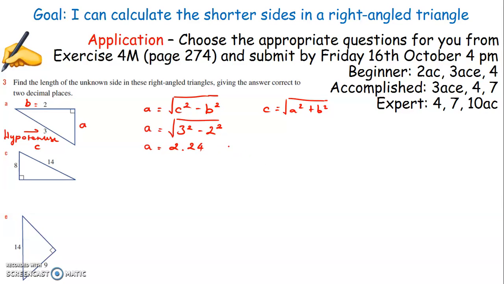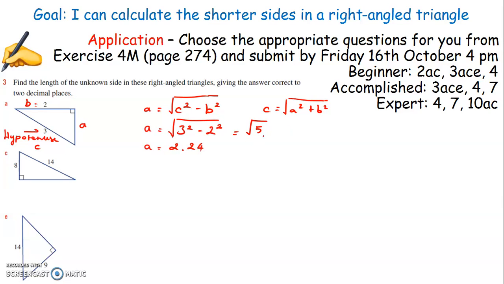Now some of your calculators may give you a little bit of a different answer. So 3 squared is 9 and 2 squared is 4, so 9 minus 4 is going to give you the square root of 5. So your calculator may give you this answer here. Now this is the same as this in value. They look different, but they have the same value.